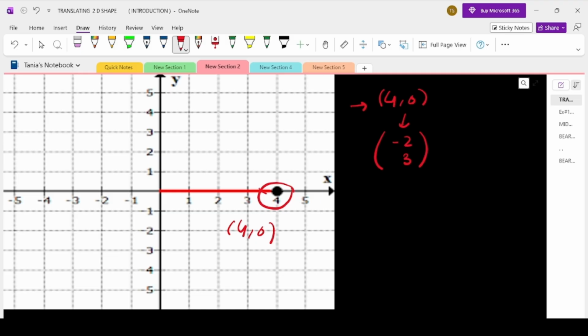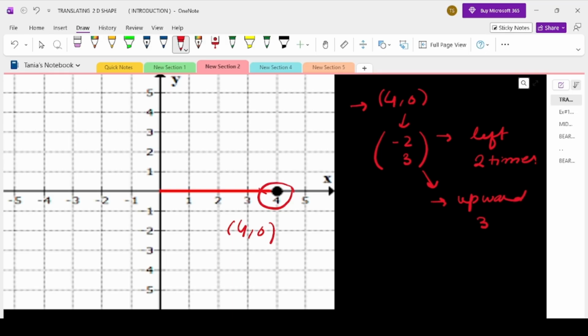On a coordinate grid, we do not calculate 4 minus 2 or 0 plus 3. We can drag it, because -2 says we have to drag our point to the left 2 times, and 3 says we have to drag our point upward 3 times.